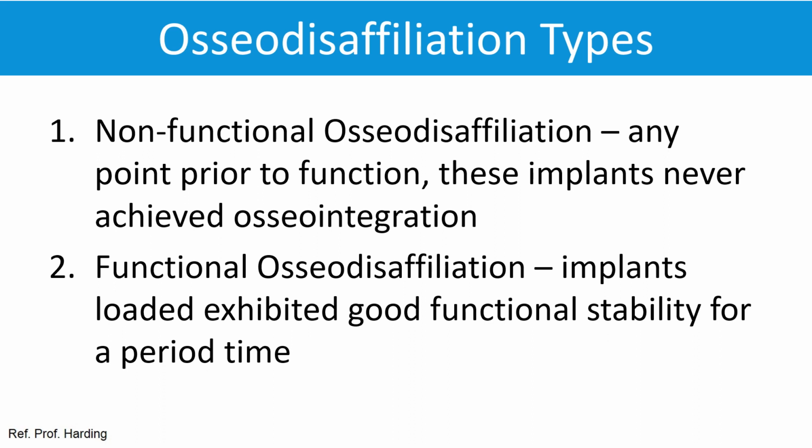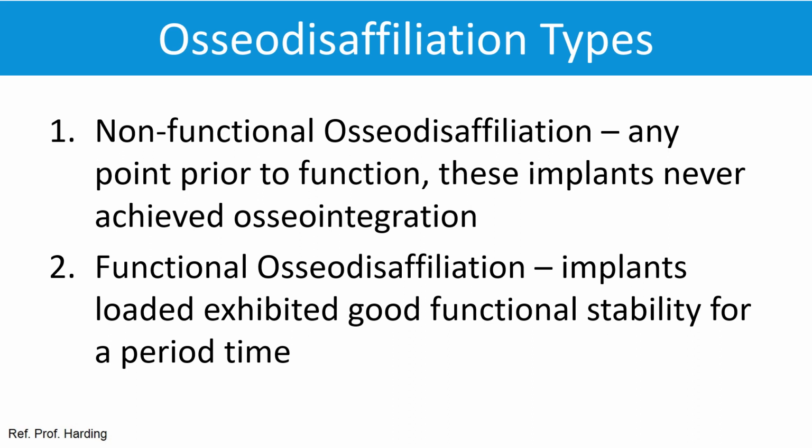So this type of non-functional disaffiliation takes into account those situations where an implant is lost relatively early in its non-functioning life, in that the implant has just been inserted into the bone, hasn't been loaded, and maybe it's lost fairly early on because of infection or rejection by the patient of the implant for some reason. So the first one is a non-functional osteodisaffiliation, and it can occur fairly early on in the process.